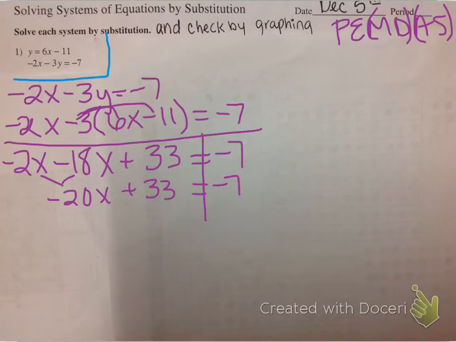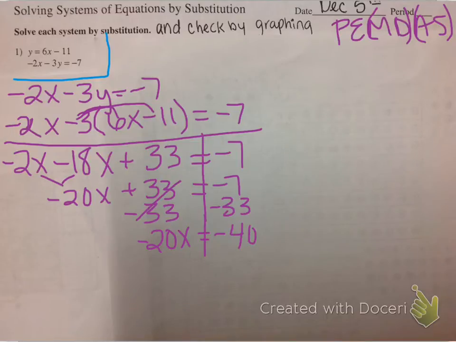I want to solve for x, so I want to move everything else. Positive 33 minus 33 is 0. On this side I have -16x equals -40.